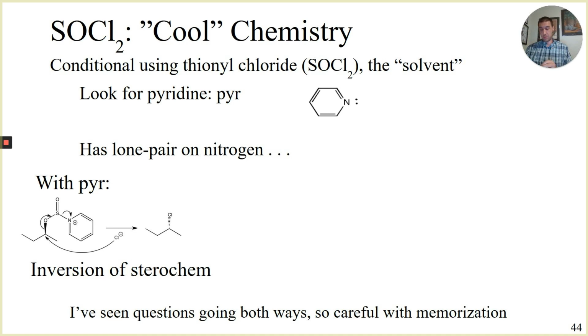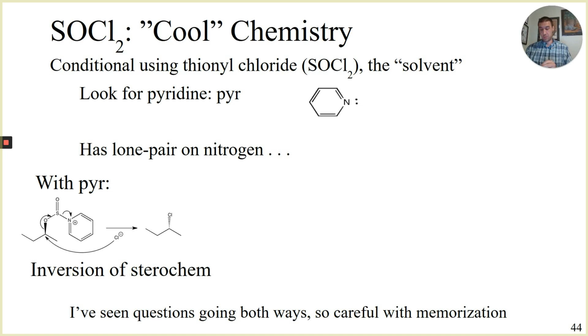Should you do inversion or should you do retention? Unfortunately, again, I've seen questions go both ways. So be very careful with this. When you look at a question, you need to look for that pyridine. If you see the pyridine or PYR, you should be doing inversion. If you do not see that solvent, you should be doing retention, and just leave it at that.